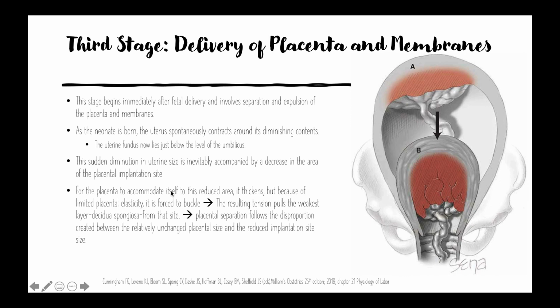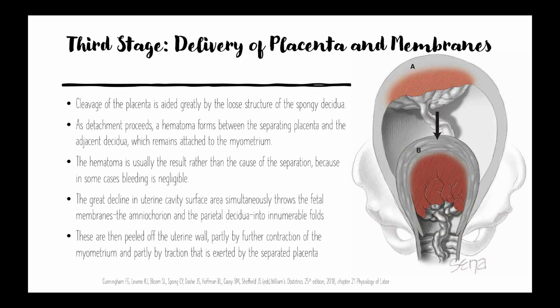For the placenta to accommodate itself to this reduced area, it thickens, but because of limited placental elasticity, it is forced to buckle. The resulting tension pulls the weakest layer, the decidua spongiosa, from that site. So the placental separation follows the disproportion created between the relatively unchanged placental size and the reduced implantation site size.